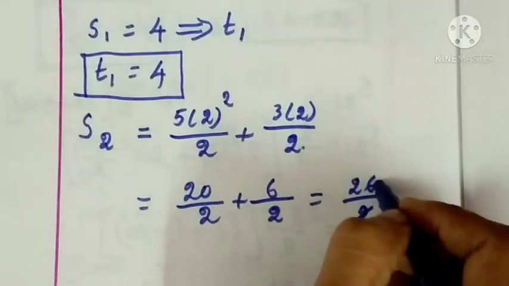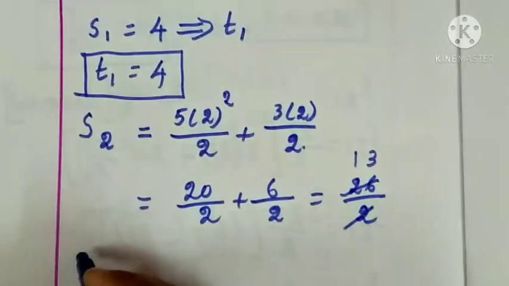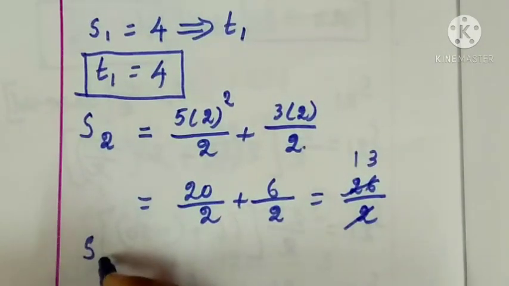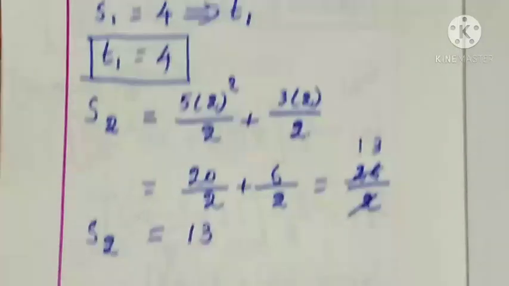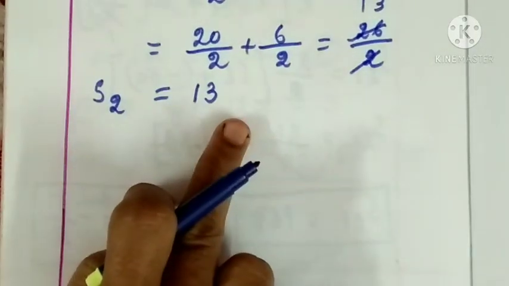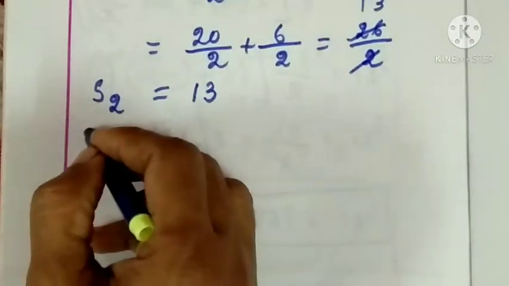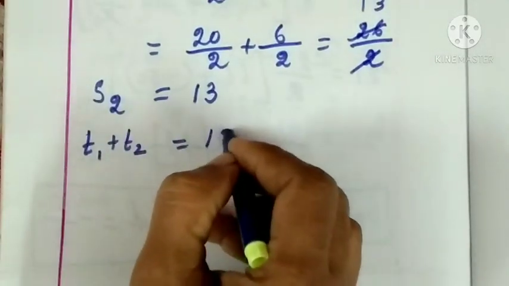Cancelling this, 1 2 is 2, then 13 2s are 26. Therefore, the value of S2 is equal to 13. So this is the answer for the sum of two terms. It can be written as term 1 plus term 2 is equal to 13.